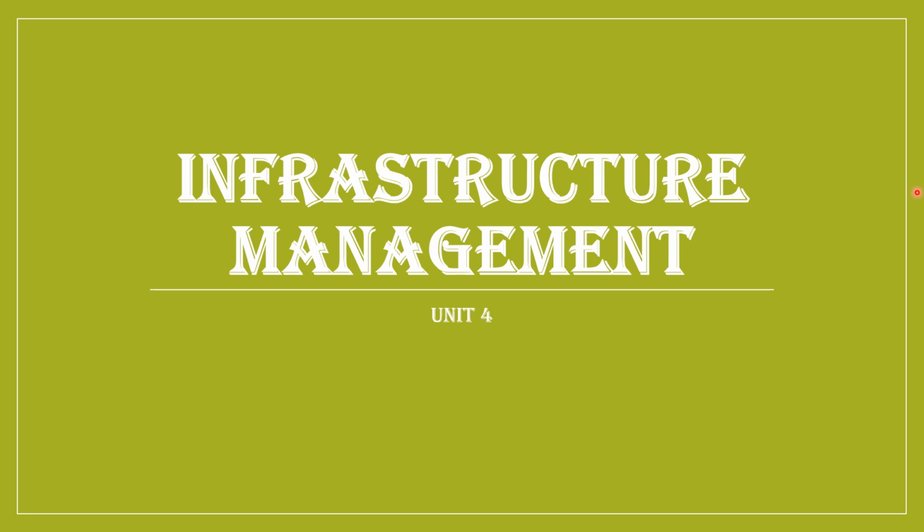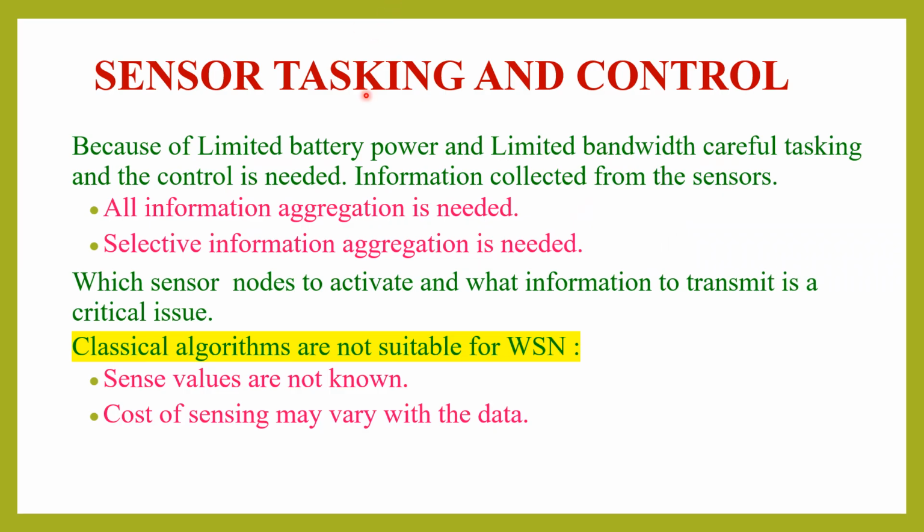In today's video, we are going to see about sensor tasking and control, which is a topic under Wireless Sensor Network Unit 4 Infrastructure Management. As the name is self-explanatory, sensor tasking and control.